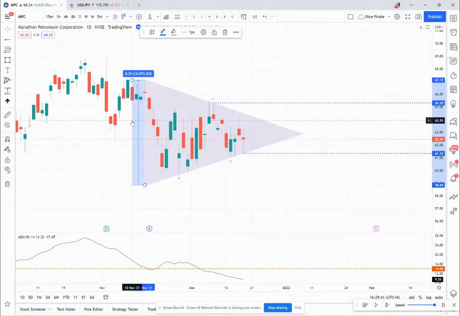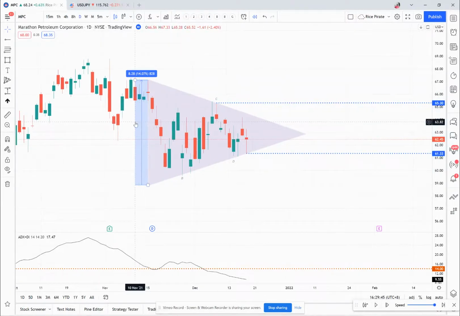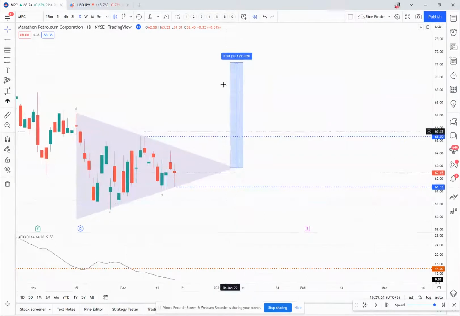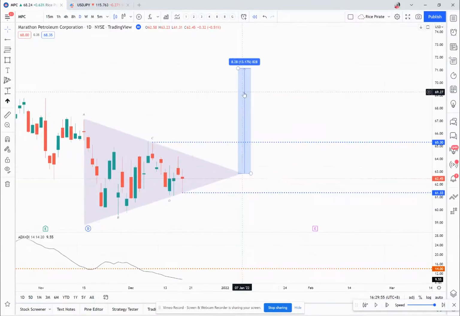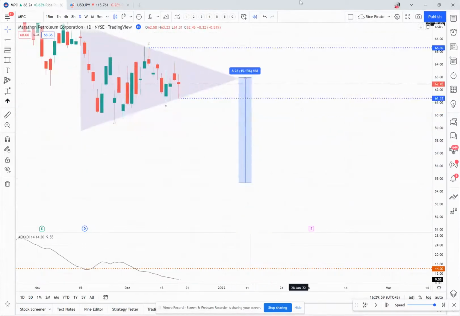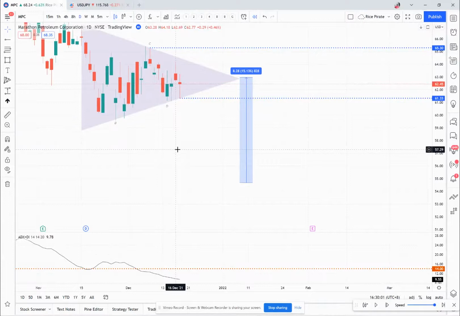That's more than 10%. So that actually is kind of interesting. Okay. So what I'm going to do is put that target either up there in this area, or it could come down to this area if it breaks down at one point.